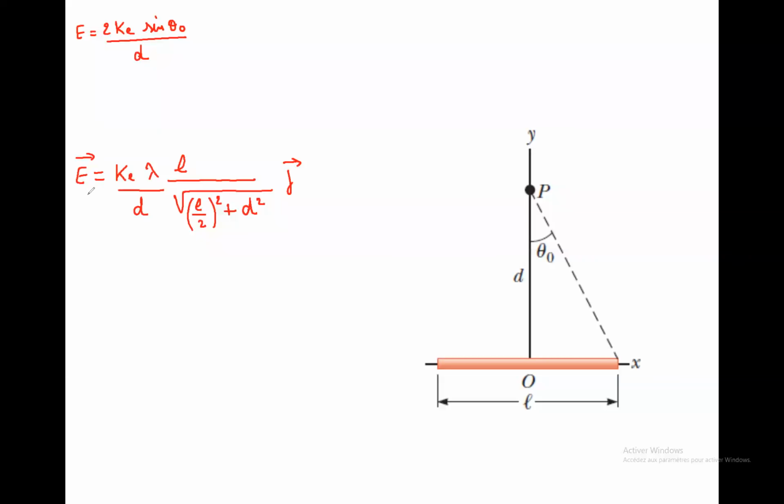So we calculated the E value, it's like this, and we said that sine theta 0 equals L over 2 divided by R prime, which is equal to radical L over 2 square plus d square in this triangle.